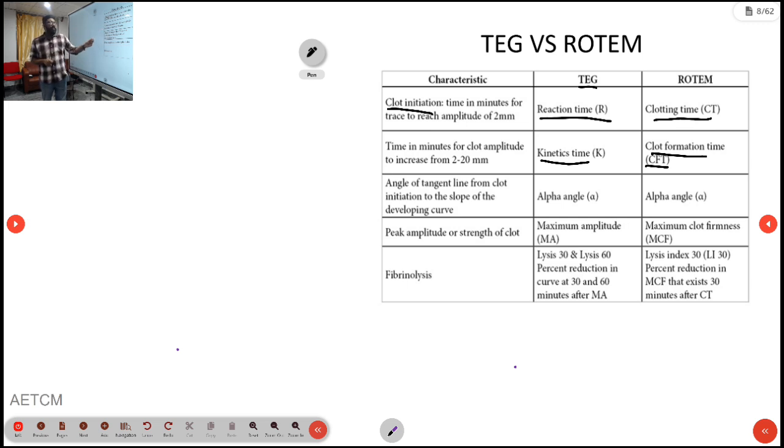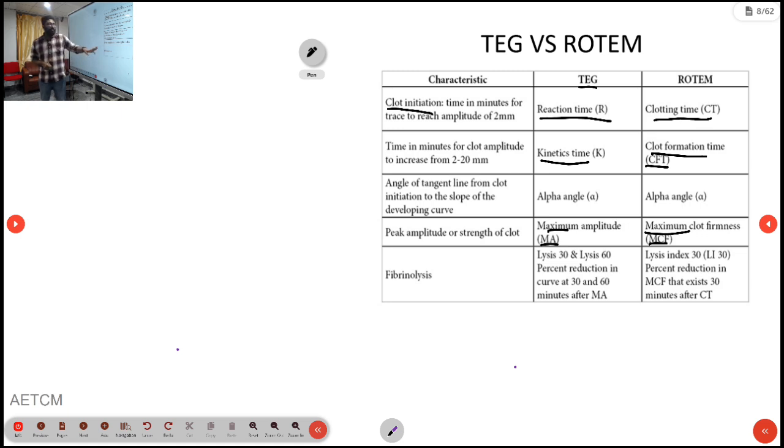And the peak amplitude, or the maximum strength of the clot, is mentioned as maximum amplitude in the case of TEG and maximum clot firmness, MCF, in the case of ROTEM. And fibrinolysis, as I mentioned before, is the lysis at 30 minutes and lysis at 60 minutes, the percentage reduction. We can call it LY30, LY60.